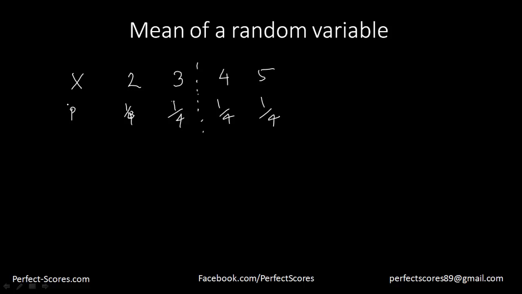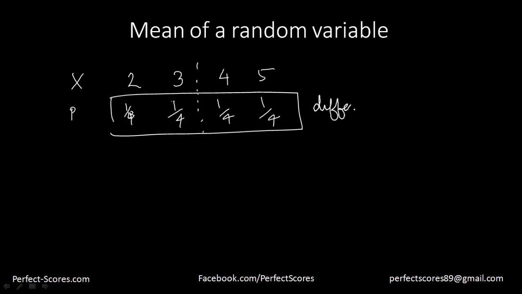However, when these probabilities are different, then the mean will be changed, right? And the mean will be more towards the number which has a higher probability of coming out as the value of x. Let's suppose the value of x can be 2, 3, 4 and 5, and the probability that it would be 2 is 0.05, probability that it would be 3 is 0.05, probability it would be 4 is 0.1, and probability here, let's say, 0.8.